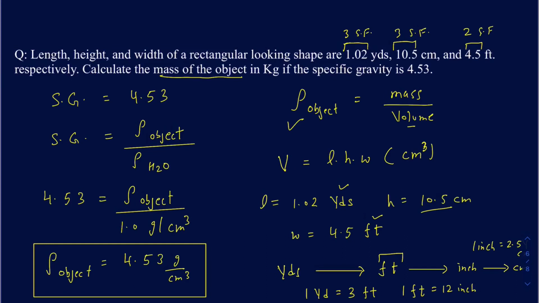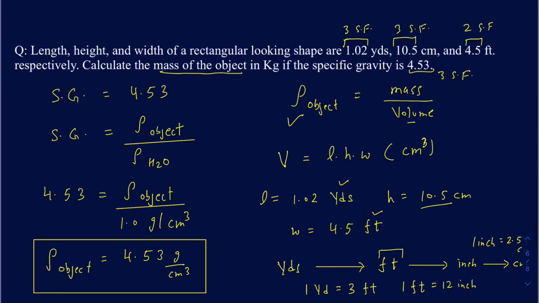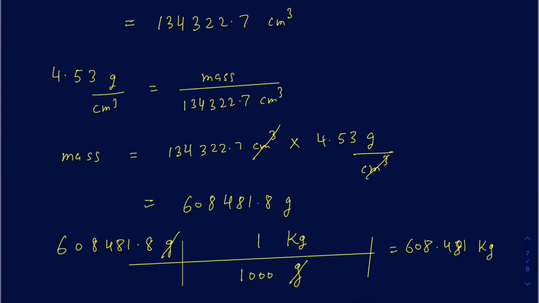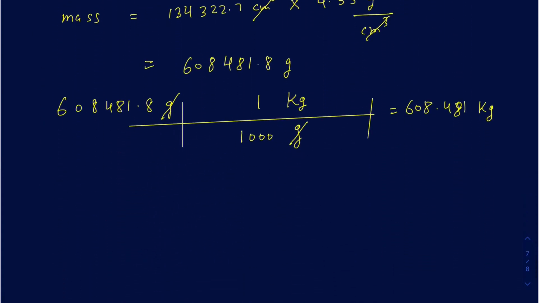And then this 4.53 also has 3 sig figs. So since all you're really doing here is just multiplying and dividing, your final answer should not have more than 2 sig figs. So when you go back down here, how much it's going to be with 2 sig figs? Well, 608 will become 610 kilograms in 2 sig figs.